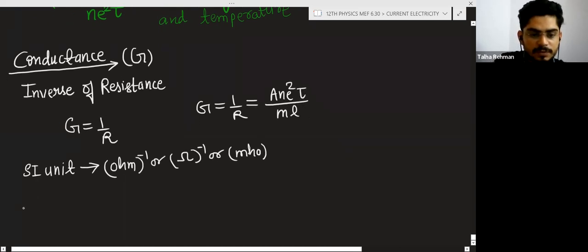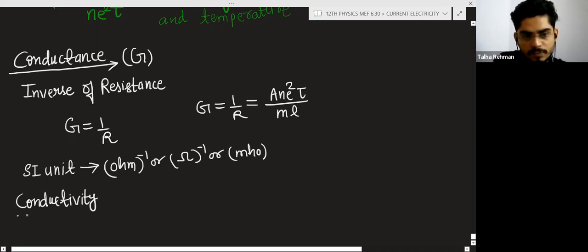Now there is a term, conductivity. Conductivity is represented by sigma.